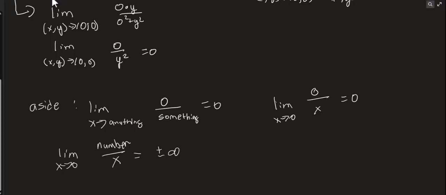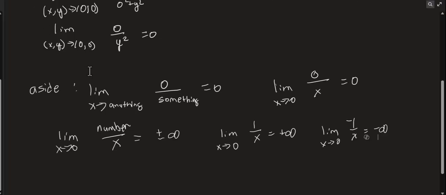If this is a positive number, it would be positive infinity. So the limit as x approaches 0 of 1 over x, that's positive infinity. The limit as x approaches 0 of negative 1 over x, that's negative infinity. So a number over 0 is infinity.